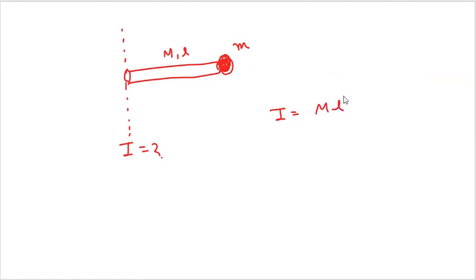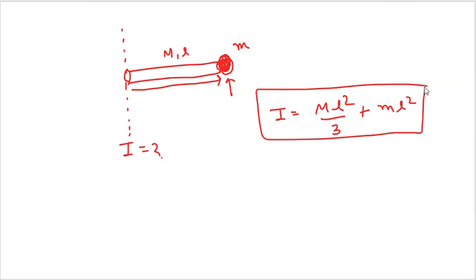So the moment of inertia of the rod will be ml square by 3, plus there is a mass m which is at a distance L from the axis. So its moment of inertia will be ml square. This is how we can calculate moment of inertia. You have to calculate the individual MOI and then add all of them.